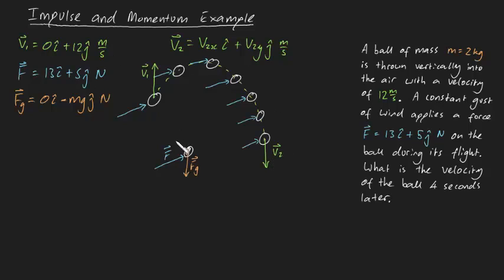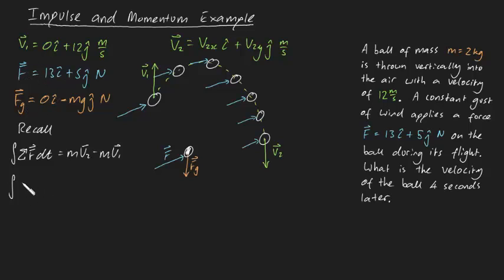Okay, so we've got all of this done. Where do we go from here? Well, the first stop is to recall our impulse and momentum formula. It's the integral of the sum of forces acting on your particle dt is equal to mv2 minus mv1, right? So this is the formula we're going to use. Let's plug in the specific values. You've got two forces acting on your ball: your force due to wind and your force due to gravity.